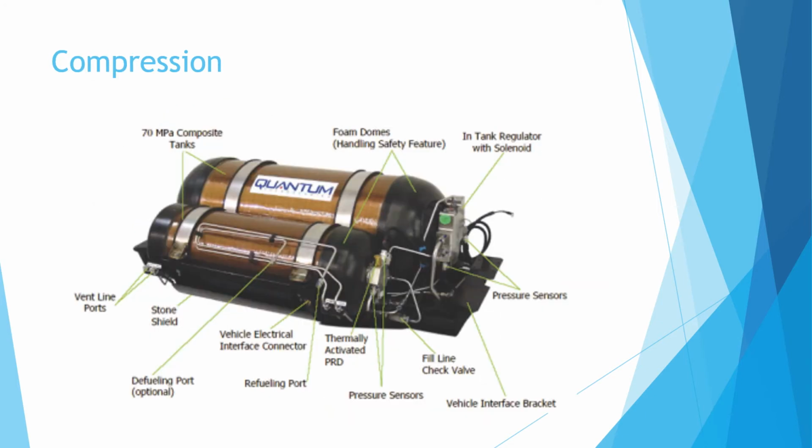Next is compression. Compression is another method to store hydrogen. Compression might be the simplest way to store hydrogen in a cylinder under pressure, but the energy density is too low to satisfy the fuel demand of driving practice.